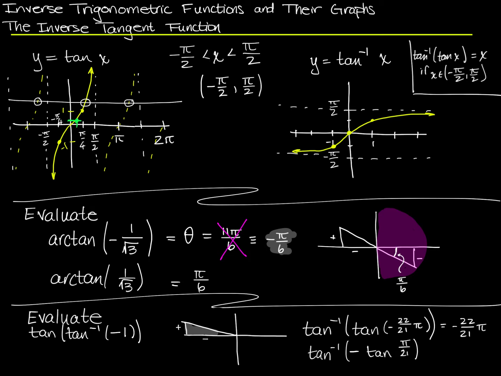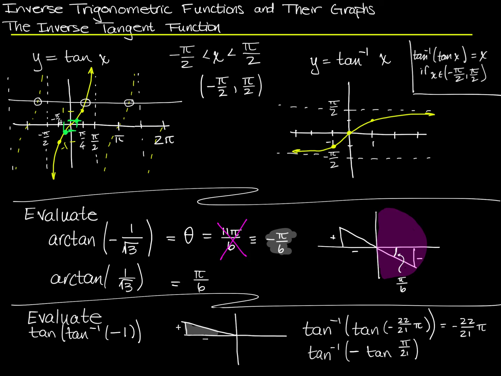It's actually too big for our purposes, but it's in the right sort of arena. That's a small positive angle, and it has a small positive tangent. So if I want a small negative tangent, then I'm going to need to come down here into the negative y world, and that's going to come from a small negative angle.